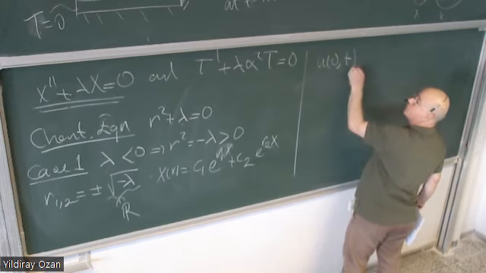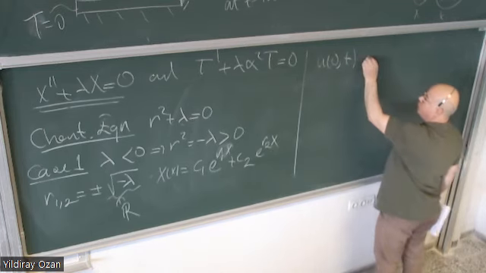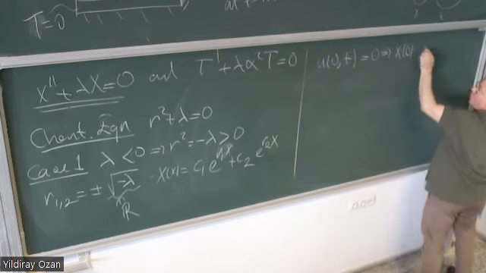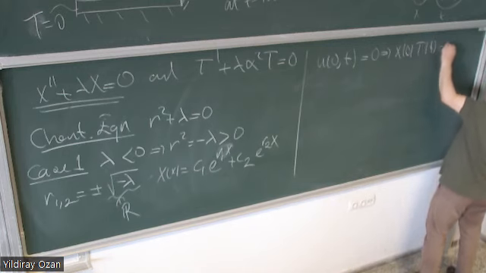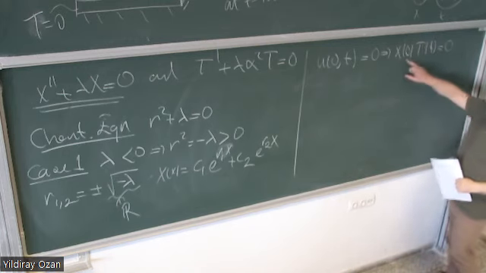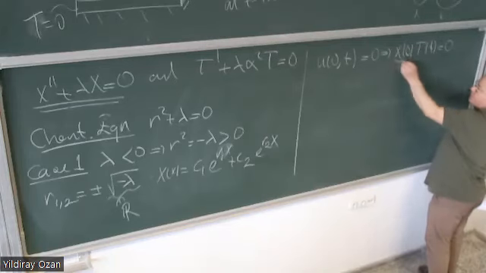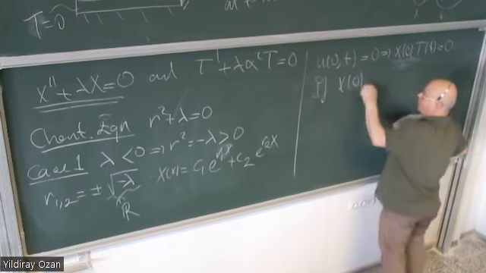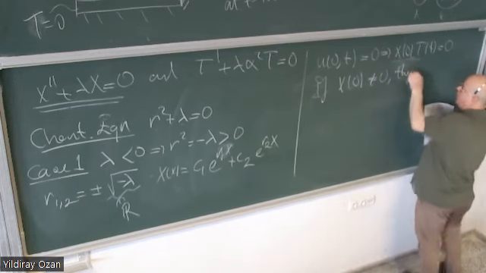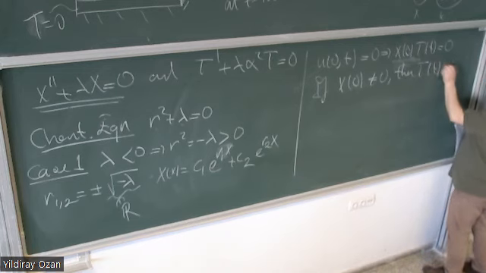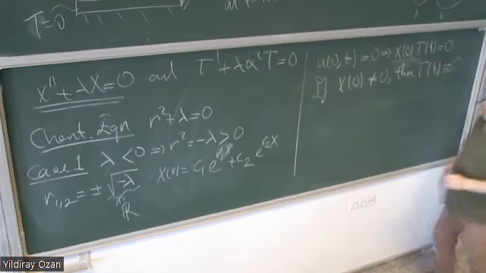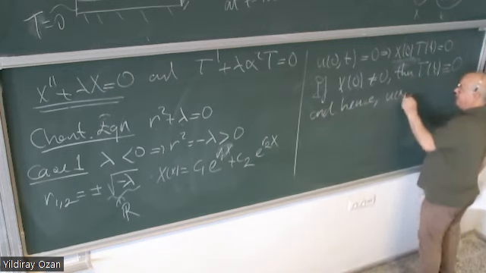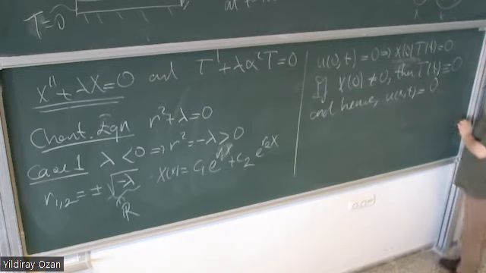u(0,t) equals 0. Bu neydi? Bu 0. So this is X of 0 times T of t equals 0. Well, if this is not 0, then T of t as a function would be 0, and hence u(x,t) as a function would be just 0.